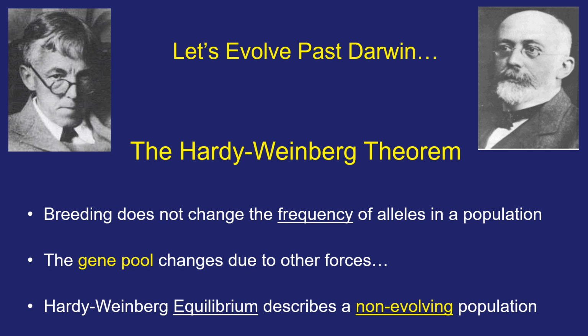There were no outside forces acting on this hypothetical population. The Hardy-Weinberg theorem is also referred to as the Hardy-Weinberg equilibrium for that reason. Things are not changing, and we're dealing again with a hypothetical, non-evolving population.